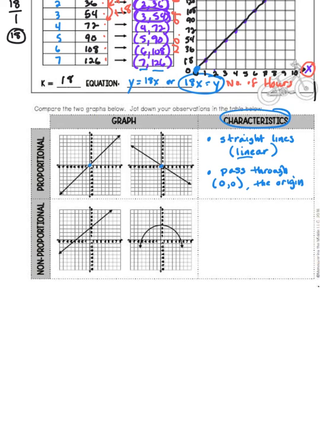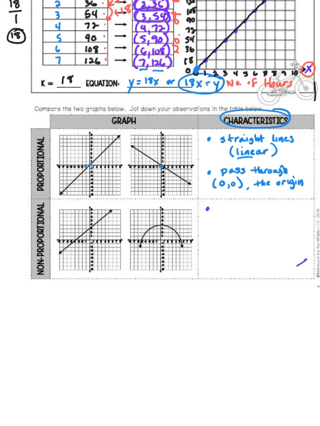So now let's look at these two graphs. This one, oh, well, this one's a straight line. I wonder what's different about this one compared to these two. Do you see something different? Well, hopefully you noticed that this particular graph is a straight line, but it does not pass through the origin.